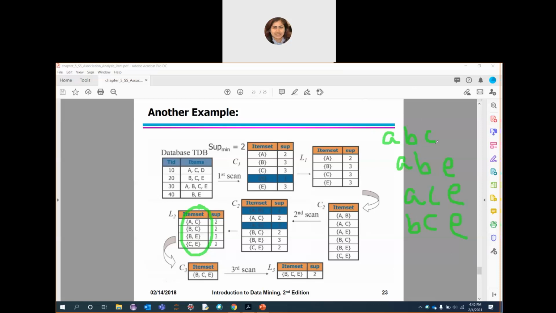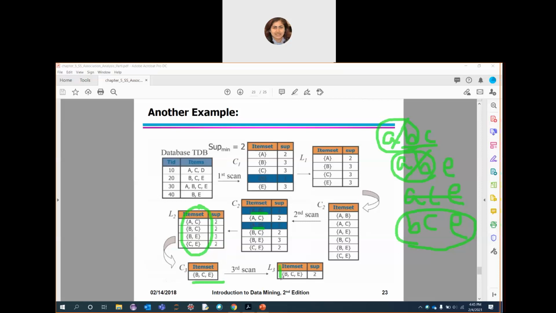Because for ABC, this will be discarded as in the previous step, the AB, which is a part of ABC, is discarded. Okay. For ABE, again, part of it is discarded in the first step. So that is why this won't be included. Then ACE. So if you see ACE, AE, okay, that is discarded in here. So this will be discarded as well, and you will just keep BCE in the next.